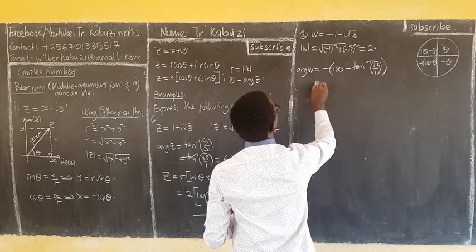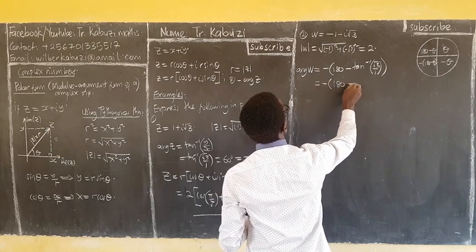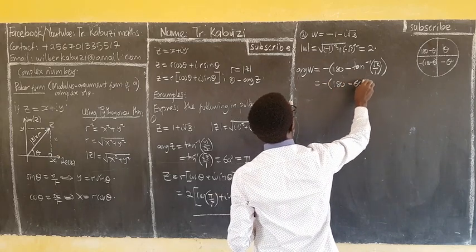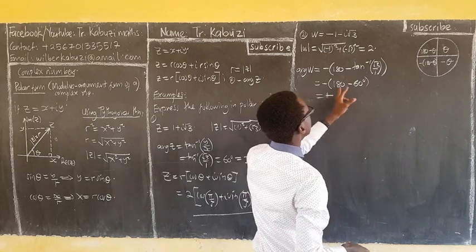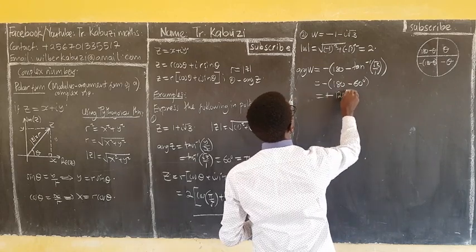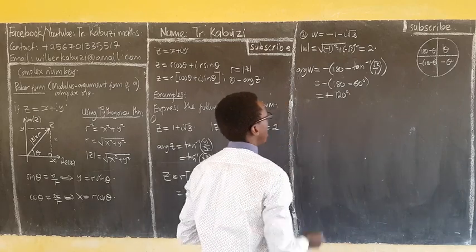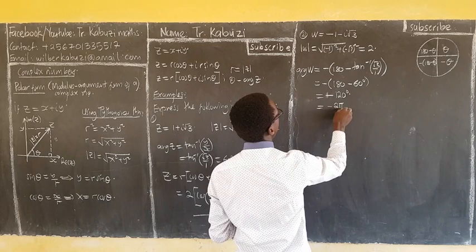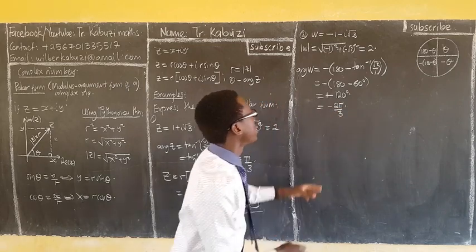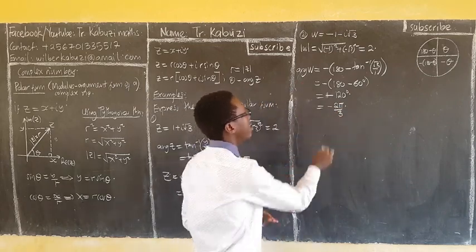So this will be negative into 180 minus 60, which gives us negative 120 degrees, which you can convert to radians to get negative 2 pi over 3. So now my argument of w is this.